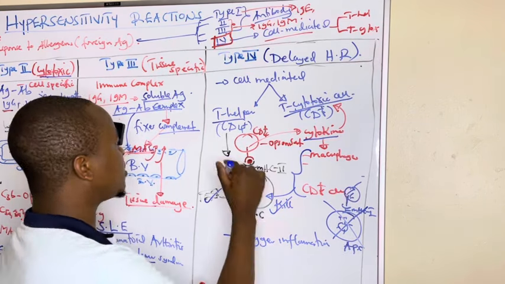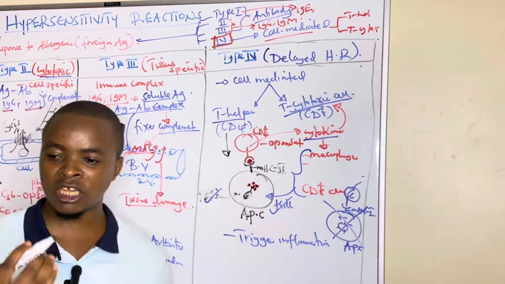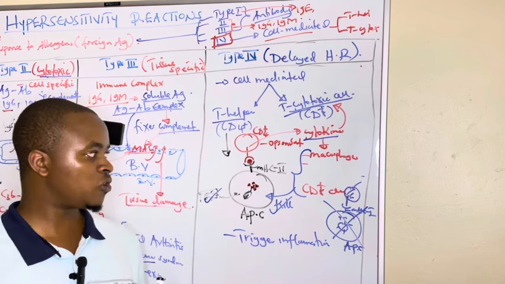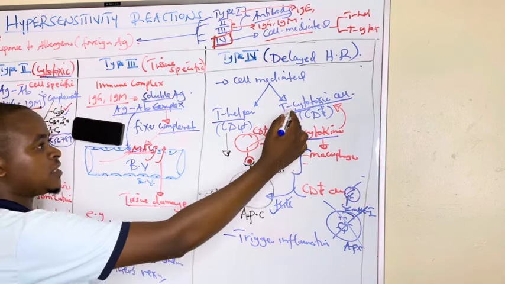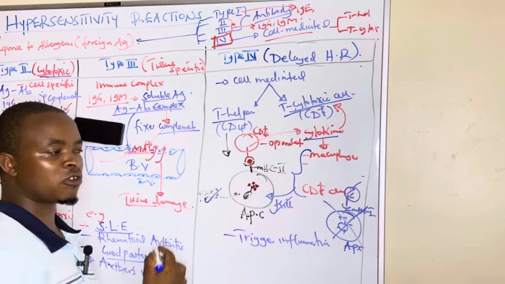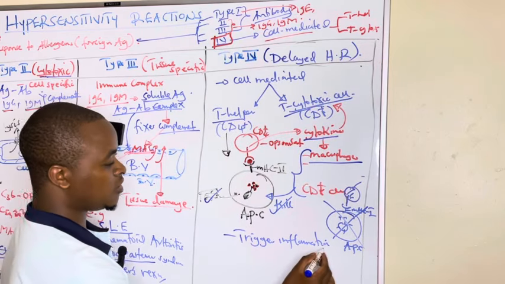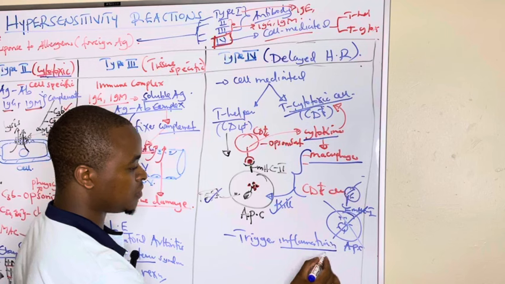So the major role of CD4 is the production of cytokines or chemokines that activate the CD8 and the macrophages, which kill the cell, and in the end they also trigger inflammation at the tissue.